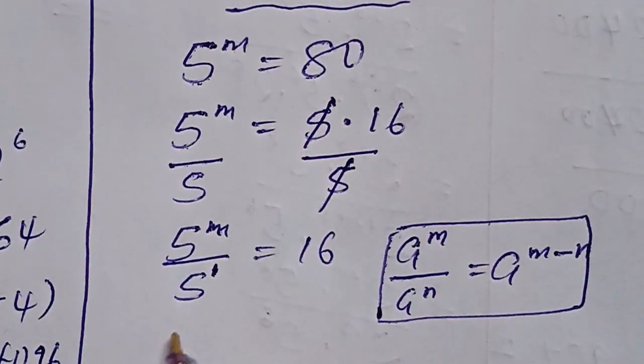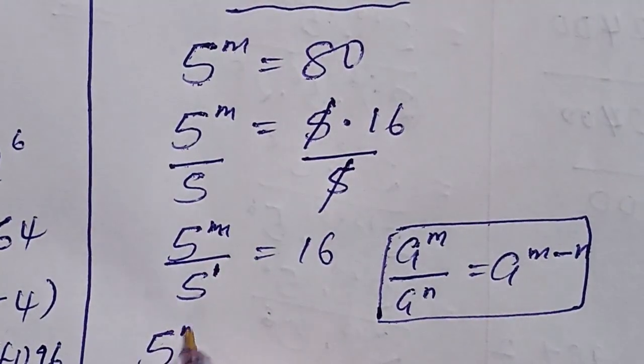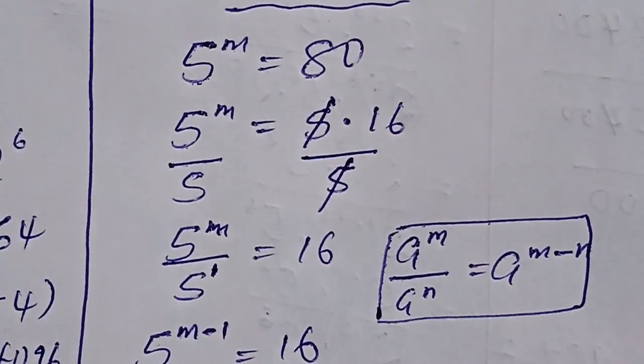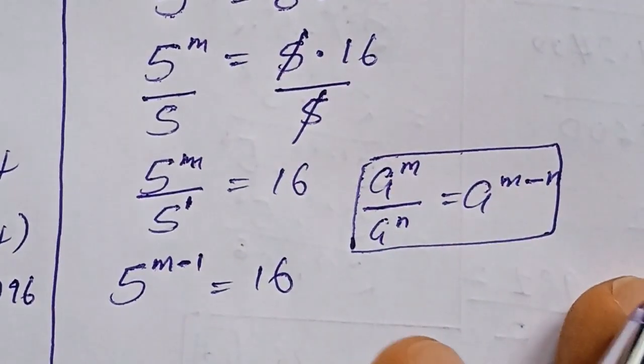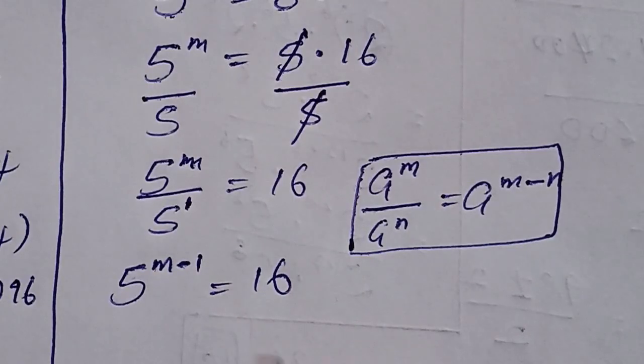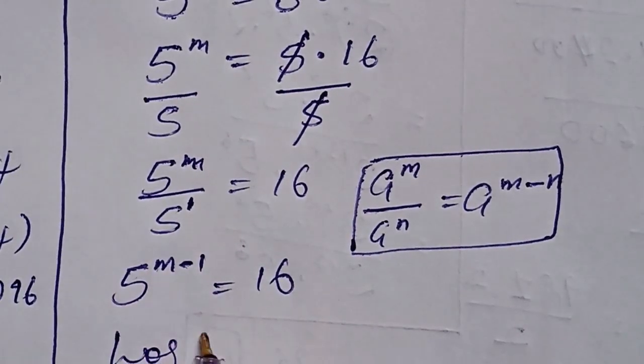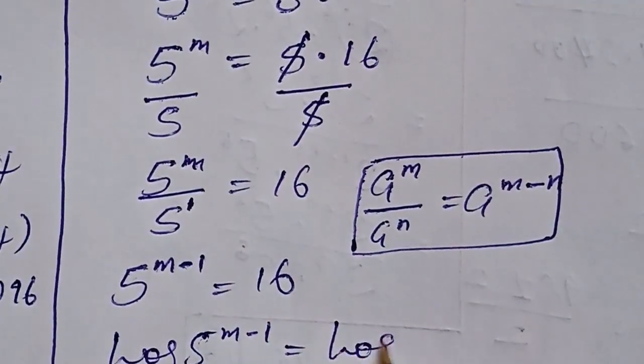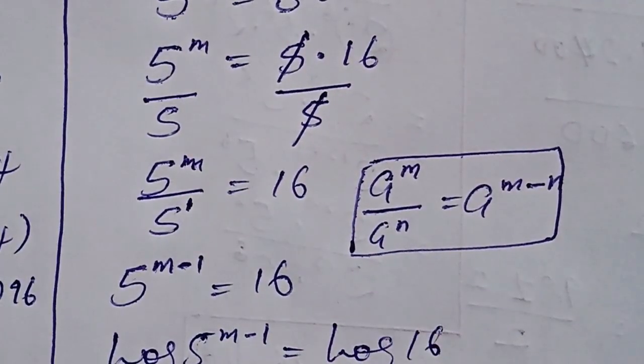So we can now write that as 5 to the power of m minus 1 equal to 16. Now we take the log of both sides. We have log of 5 to the power of m minus 1 equal to log of 16.